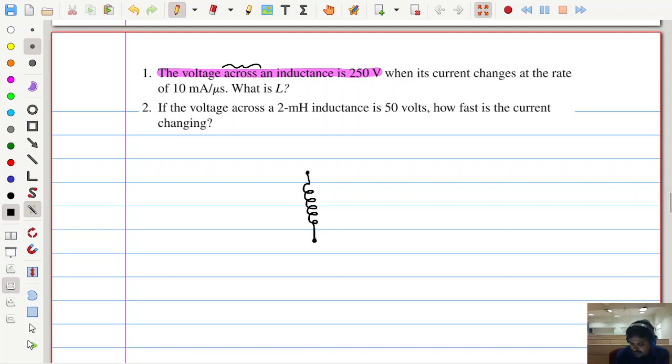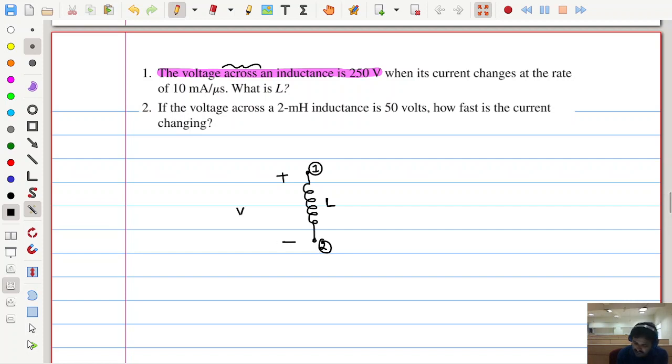Let us assume that it has two terminals, 1 and 2. Inductor is the device. What does it do? It offers the inductance L. Now the voltage across this, you can assume either upside or downside, it's your wish. Because it is not given, you can take it in your own way. I am considering one side as positive, two side as negative.